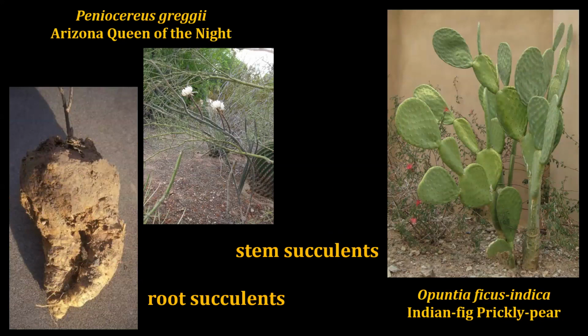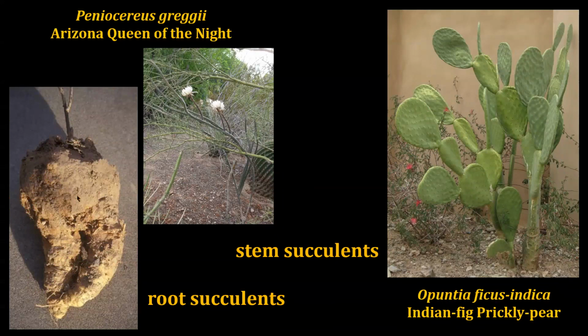This is a great example of a root succulent. Our just, I think, stupendous Arizona Queen of the Night cactus. As it grows and matures, it will develop this increasingly enlarging tuberous root system. This would be soil level right here. And above ground, most of the year, it looks almost like a dead stick.